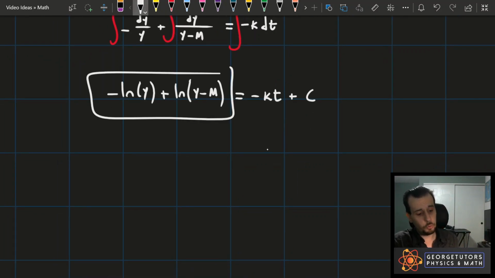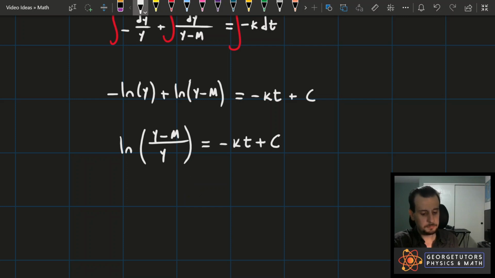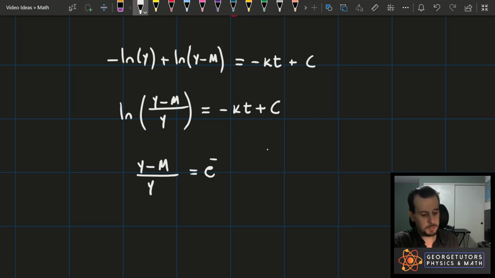Using logarithm rules over here, I can go ahead and combine the two logarithms as y minus m divided right now by y. Now the right-hand side basically stays the same. And my next move here is to raise everything to the power e. If you raise everything to the power e, the left-hand side is released, while the right-hand side looks like this.